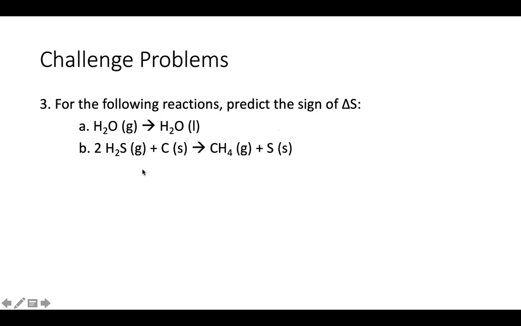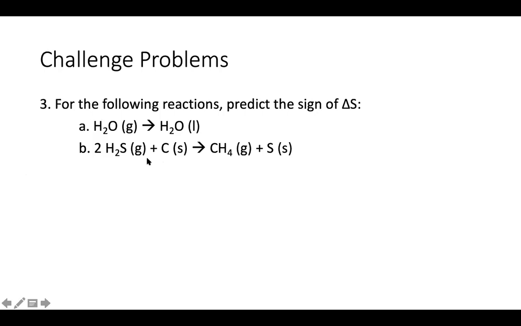Now in B, we're going to do the same exact thing. So here we have 2 moles of dihydrogen sulfide gas reacting with solid carbon to form methane gas and solid sulfur. Okay, and so whenever you're looking at an equation like this, where we have some combination of gas and solids, or liquids, solids have a super low amount of entropy, especially compared to gases.